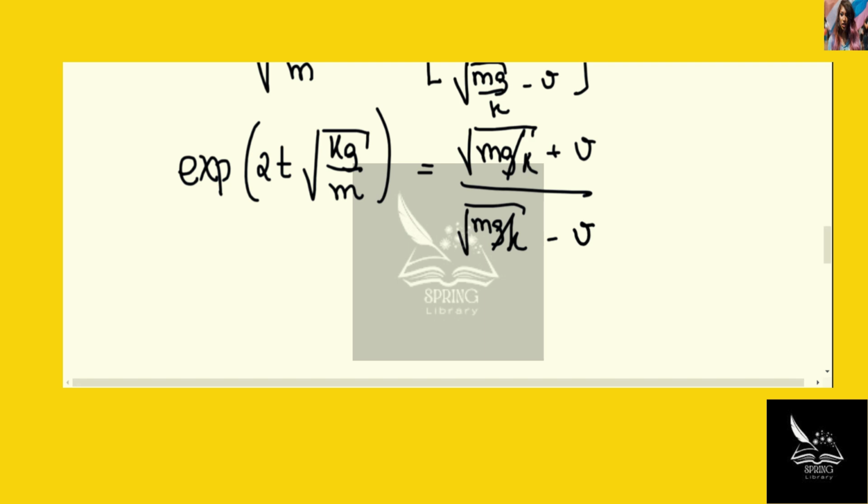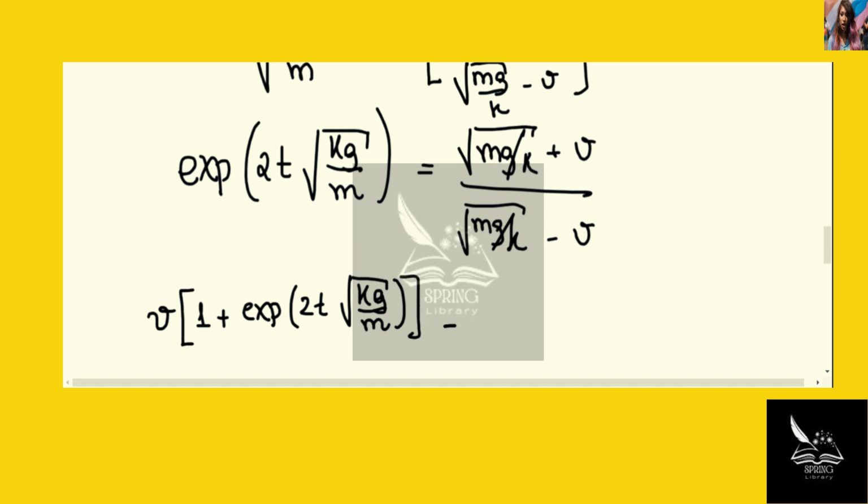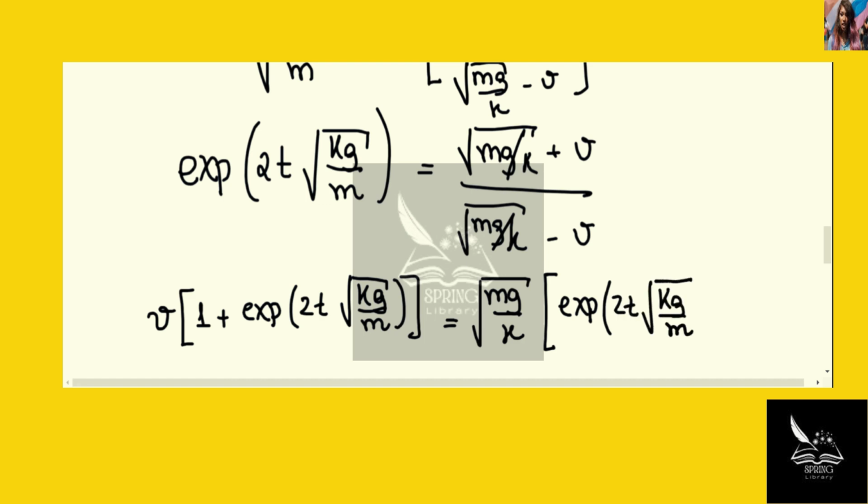So we have v times 1 plus the exponential of 2t times the square root of kg over m is equal to the square root of mg over k times the exponential of 2t times the square root of kg over m minus 1.